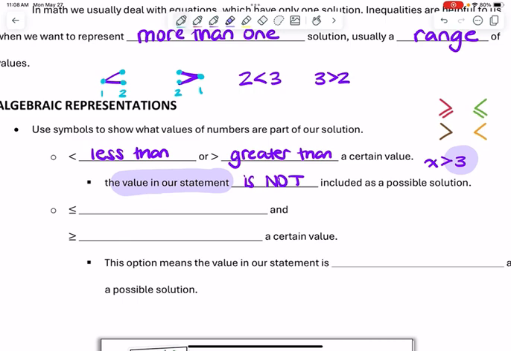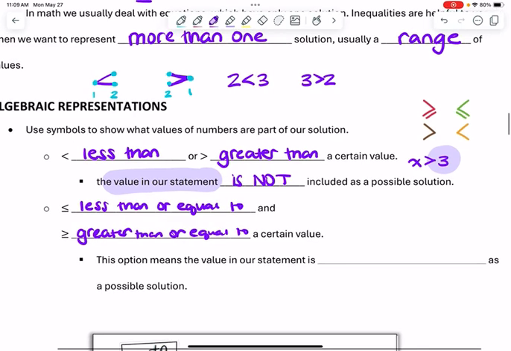When we use the other 2 symbols, the ones with the lines underneath, we read them in the same way. So this is still less than, except that line underneath also means or equal to. And that other symbol would represent greater than or equal to. These symbols allow that value in our statement to be included as a possible solution.